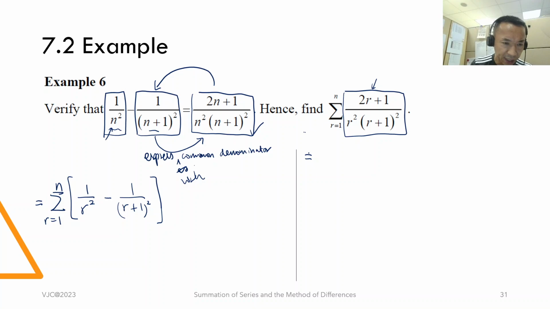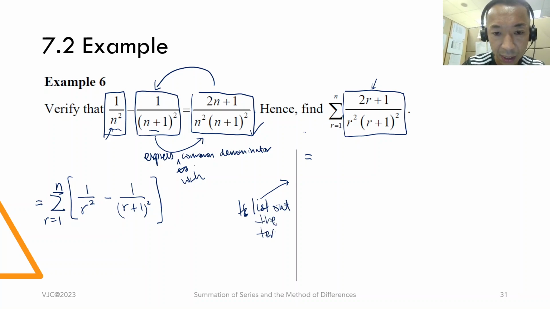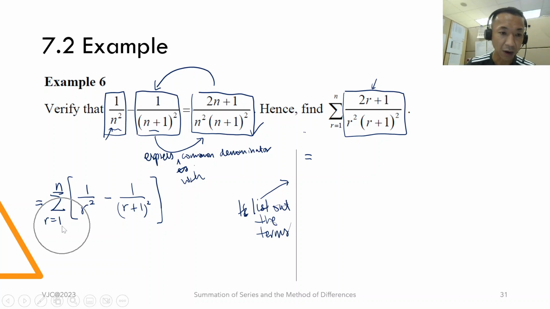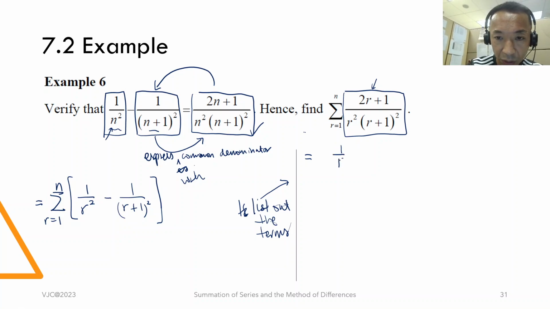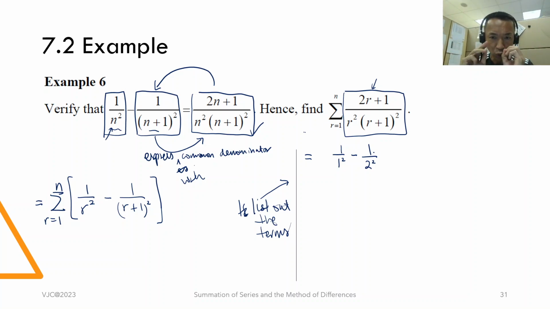In order for this method to work, you must list out the terms. I repeat, you must list the terms. Meaning this, I substitute r equals to 1 into this, I'll get 1 over 1 squared minus 1 over 2 squared. Now, when I list it out, I do not evaluate.